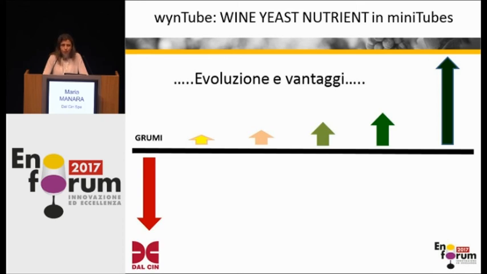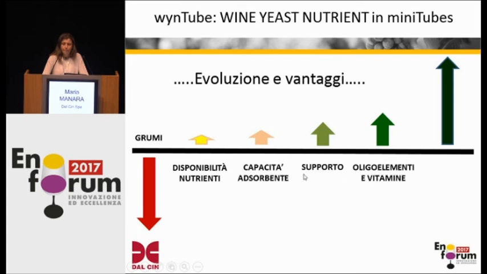Now, we don't have so many lumps to begin with, so it's a lot easier to prepare it. Also, the nutrients are more available because of the ease of preparation, but also because these nutrients are more available to be directly integrated during a yeast rehydration.